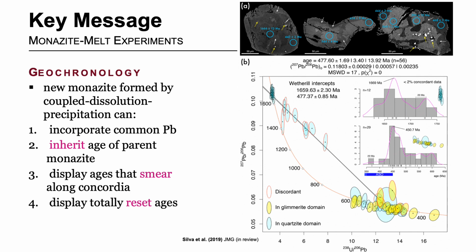The grains that are young and potentially interpreted as new don't form a tight cluster at the young end of the spectrum. Instead, they spread over a couple of 100 million years. The diagram at the top is showing the complexity in the monazite internal structure.